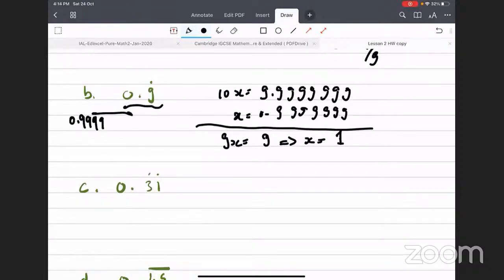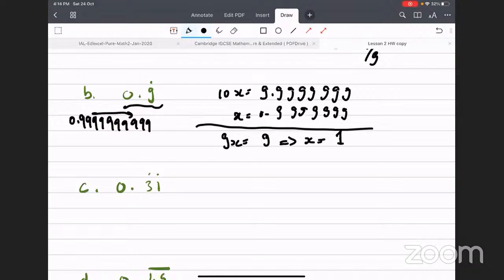Okay, so let's see what 0.9999 up to infinity is. Any infinity here is actually equal to 1. It's very close to 1. So basically 1 is sort of very close to 0.999999999. So actually it's 1, because these nines don't end.